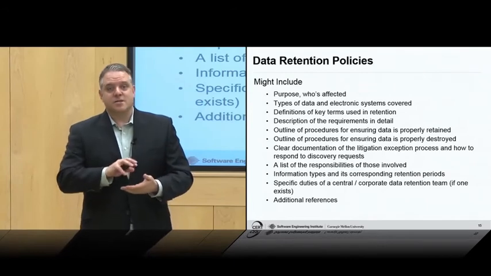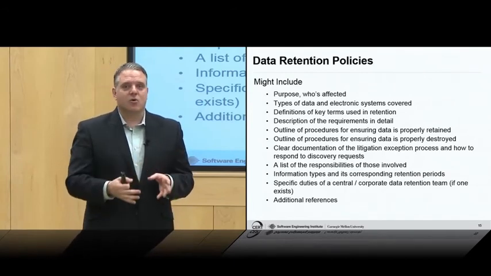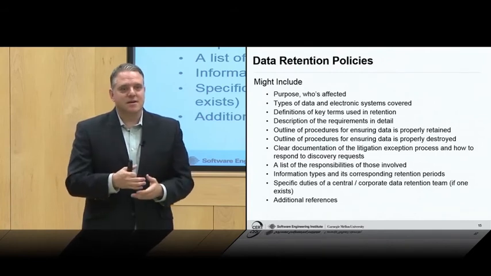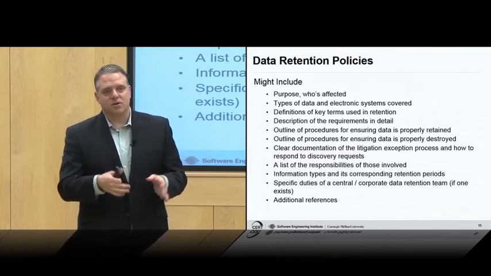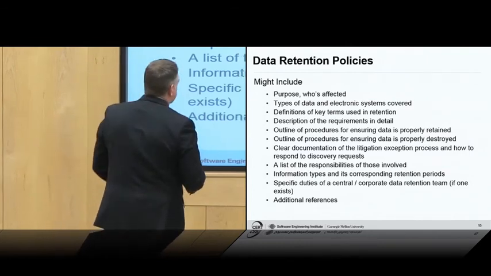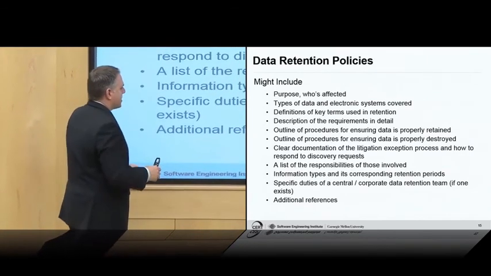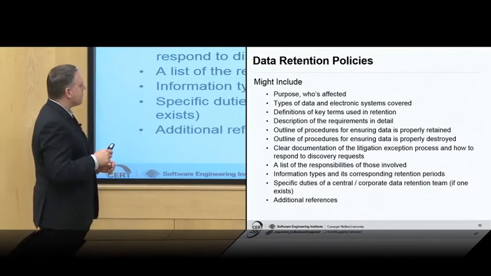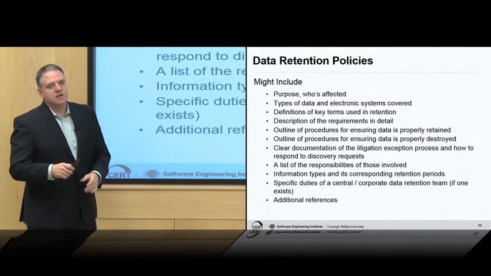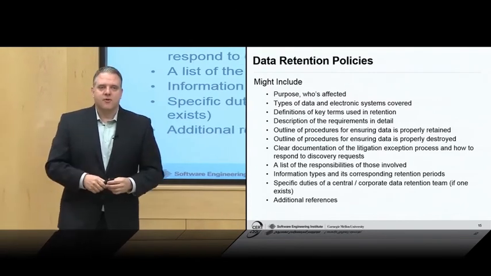What is the process for assigning categories to data? How do you make sure that data has a particular category or classification assigned to it? Who's involved in this process? And then how do you make sure that you're actually meeting your retention requirements for whatever the time frame might be?